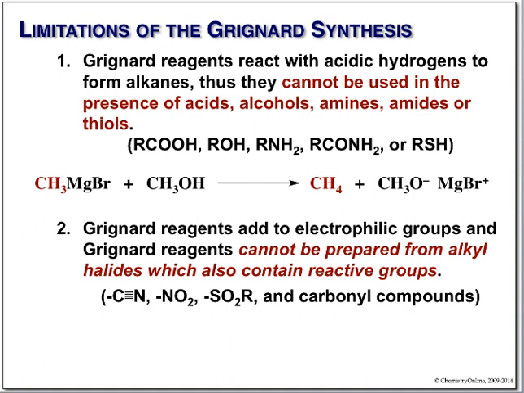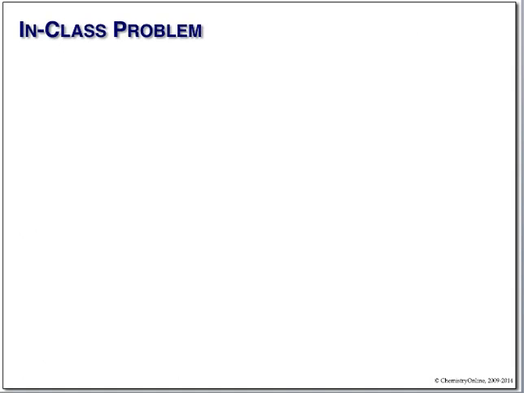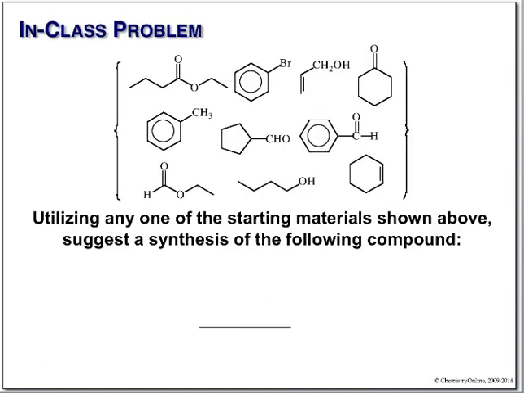All right, let me show you an exam question. A typical exam question for this exam would involve a synthesis where you have a gallery of potential compounds to use. And you are asked to make one of these.